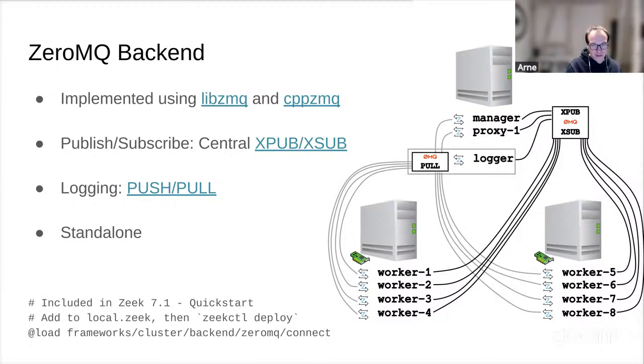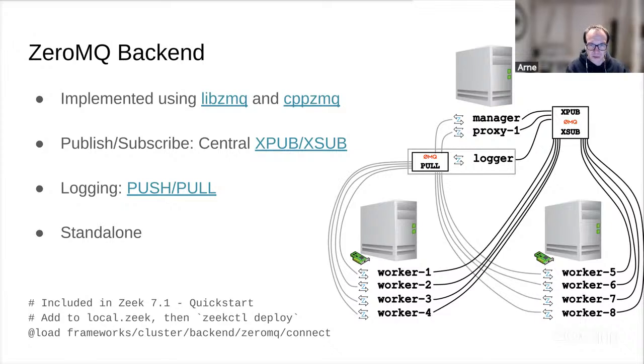With that XPUB-XSUB, one actually gets global publish-subscribe. So a worker publishing to the worker topic, which I mentioned as my pet peeve, now works, because the XPUB-XSUB central point will distribute the message that you published back to all of the existing workers.